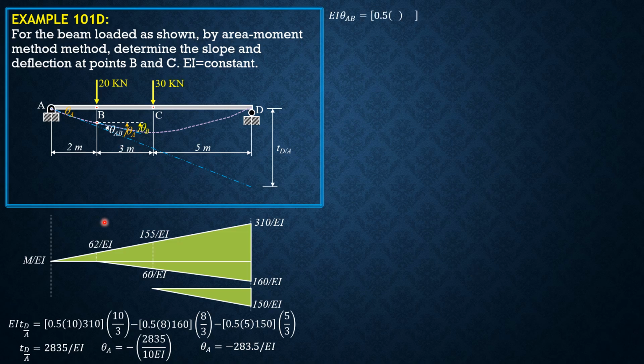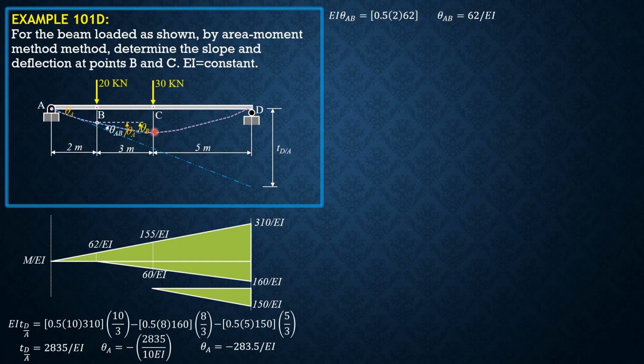Theta AB is the area between A and B. So 0.5 of 2 times 62, that's 62 over EI. Theta AB is 62 over EI. Then based on the figure, because 62 over EI is lesser in magnitude than theta A, the figure is correct. So theta B is really negative.